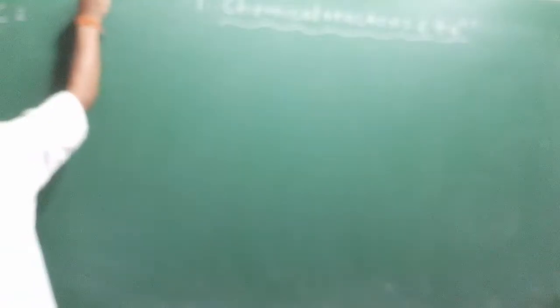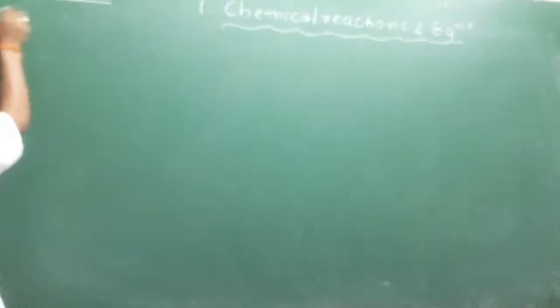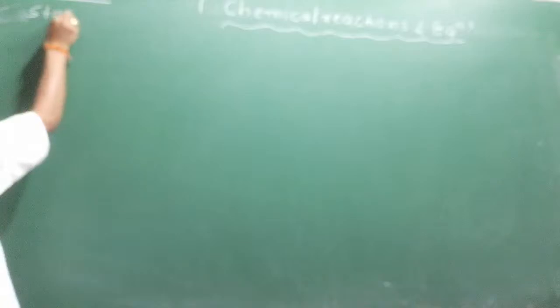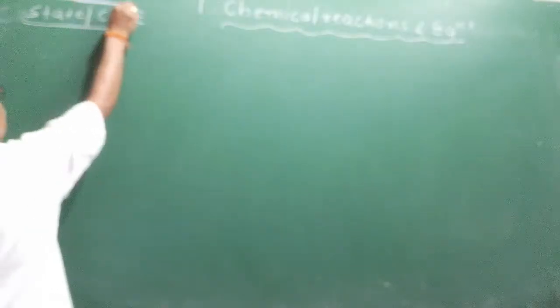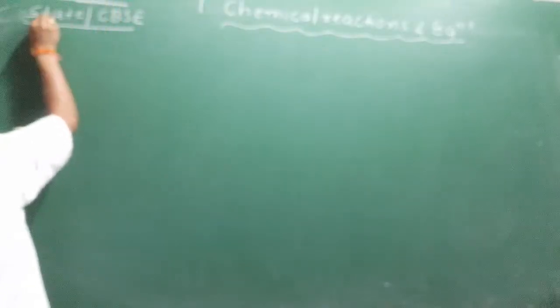It is class 10. Note that class 10 State and CBSE students can join now. If you do not belong to this stream, it is not your class. It is class 10 State CBSE first chapter chemistry.